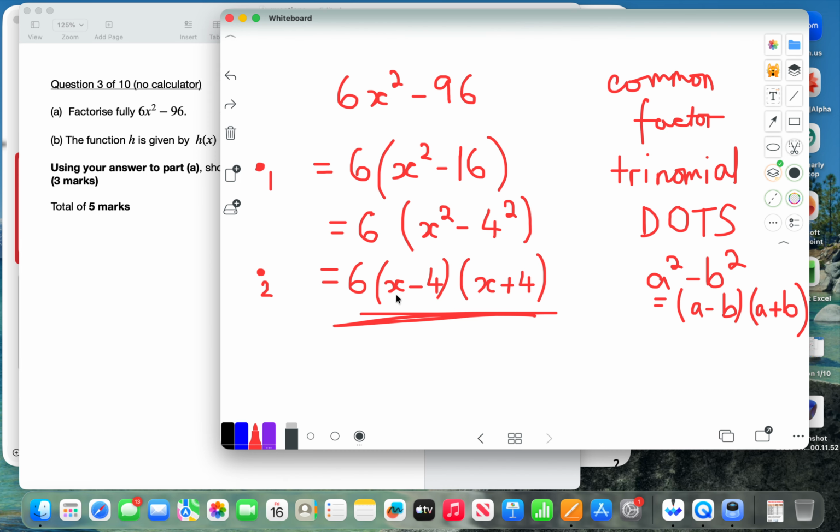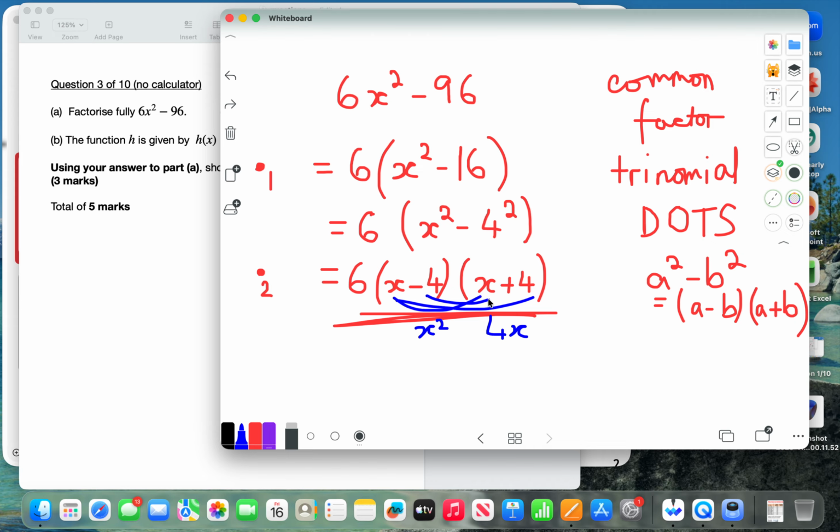Just as a sanity check, let's expand out. x times x is x squared plus 4x. In fact, I'll do this in blue. That's x squared. That is 4x.